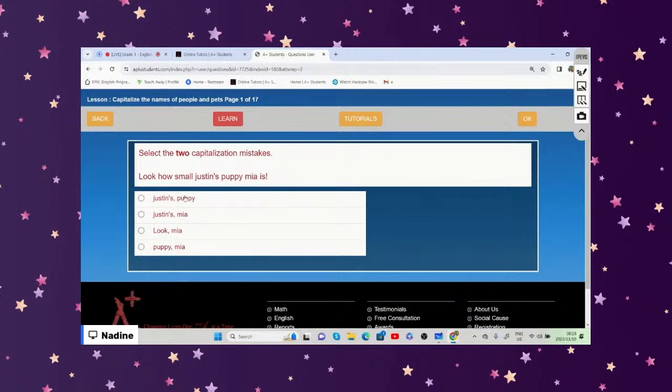Is it Justin's puppy, Justin's Mia, look Mia, or puppy Mia? Which two have capitalization mistakes?